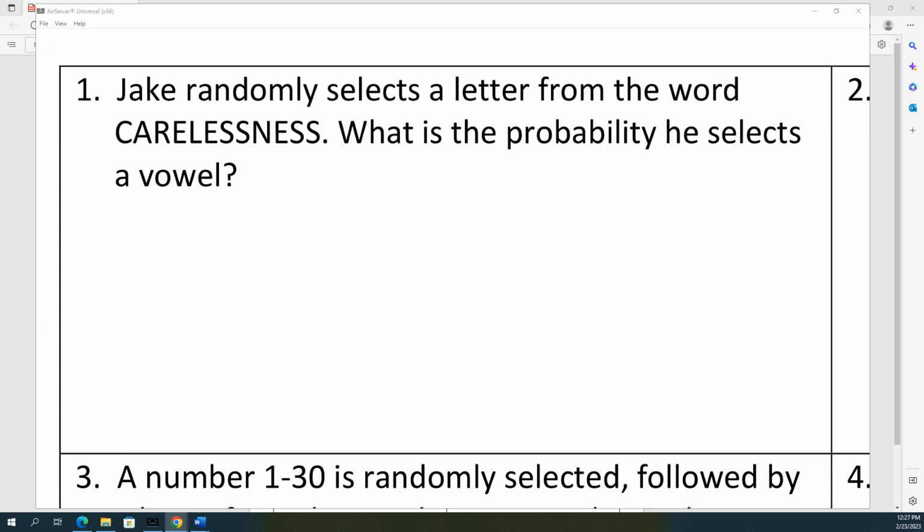One letter. So this doesn't have an or statement or a given statement. This is just regular old probability. We want to find the probability of a vowel. You guys try to do this one on your own. Think about the word carelessness, and we want the probability of selecting a vowel.